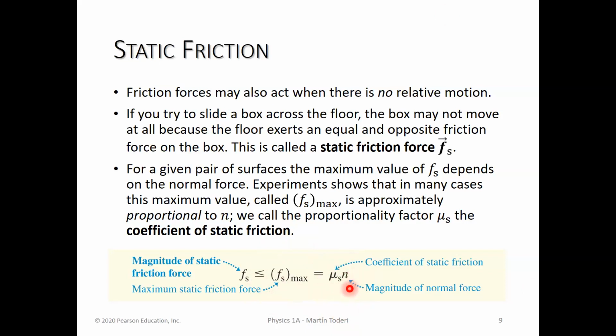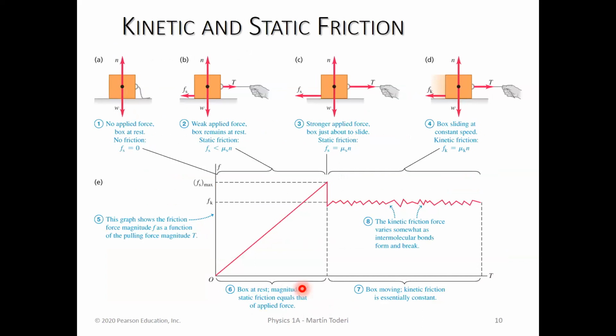We have the same expression, but now we're using a static coefficient to get the maximum of that static friction. This is not exactly calculating the static friction, it's calculating the maximum that we can have until those bonds are totally broken and the object starts moving with kinetic friction.